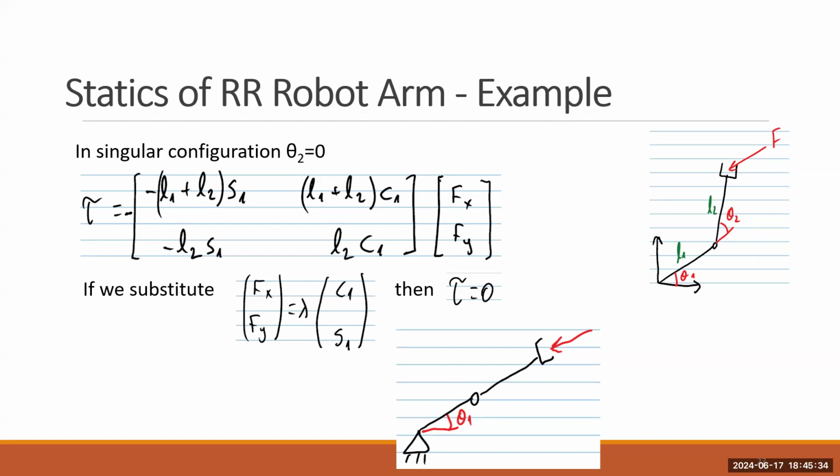Lambda is just the amount of the force, cosine θ1 sine θ1 is the direction. But lambda can be negative, so it doesn't matter.